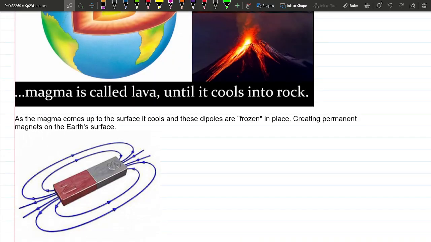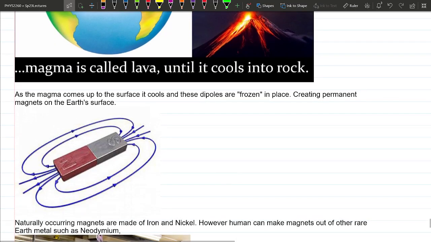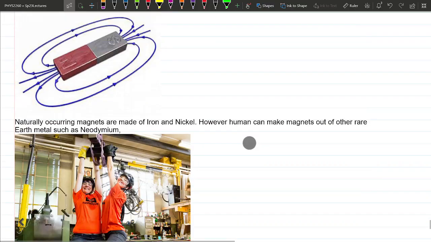Okay. So as magma comes up to the surface, called lava, so I'm going to get all these geological terms incorrect, and it cools, it turns into rocks, and you get permanent magnets. People just chip off pieces of this and do a little cool demonstration by throwing magnets on the walls. All right, so that's how natural magnets get created on Earth.